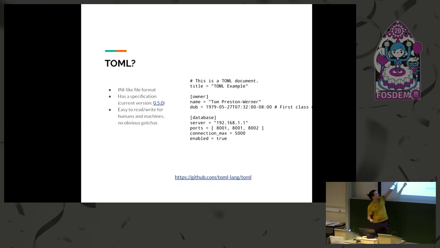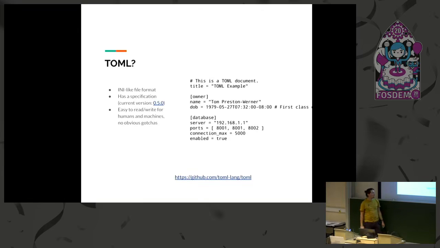So here you have a mapping. Title is an entry that has a value that is a string here. You have first class dates. Dates are a native type to this format. It's mainly oriented as a mapping between keys that are strings and values that can be anything.